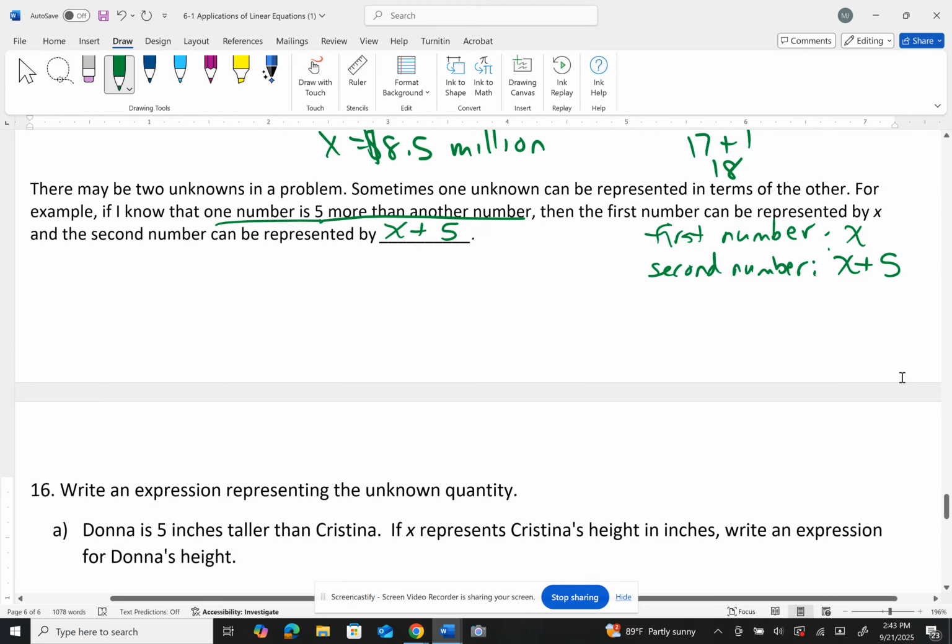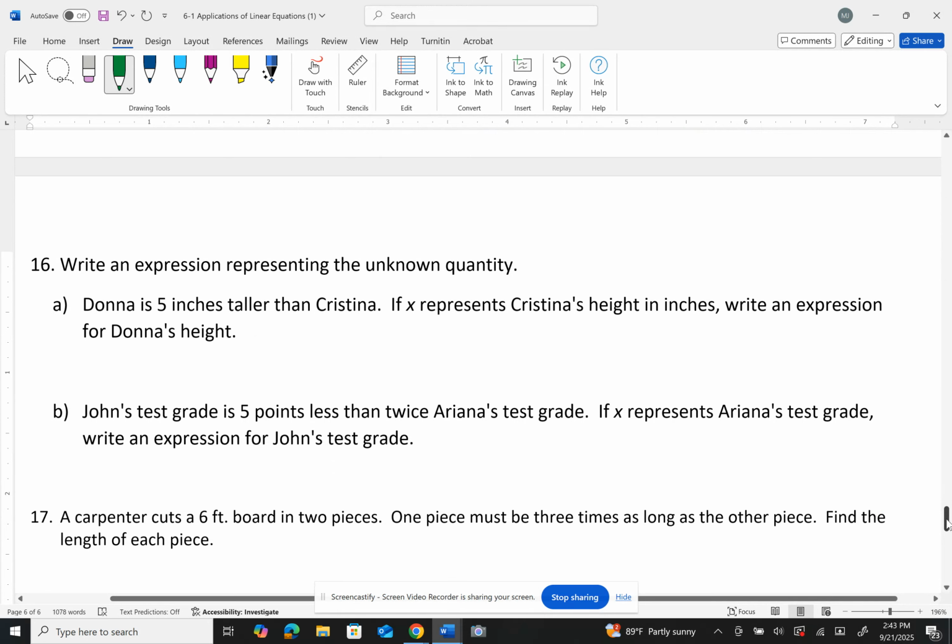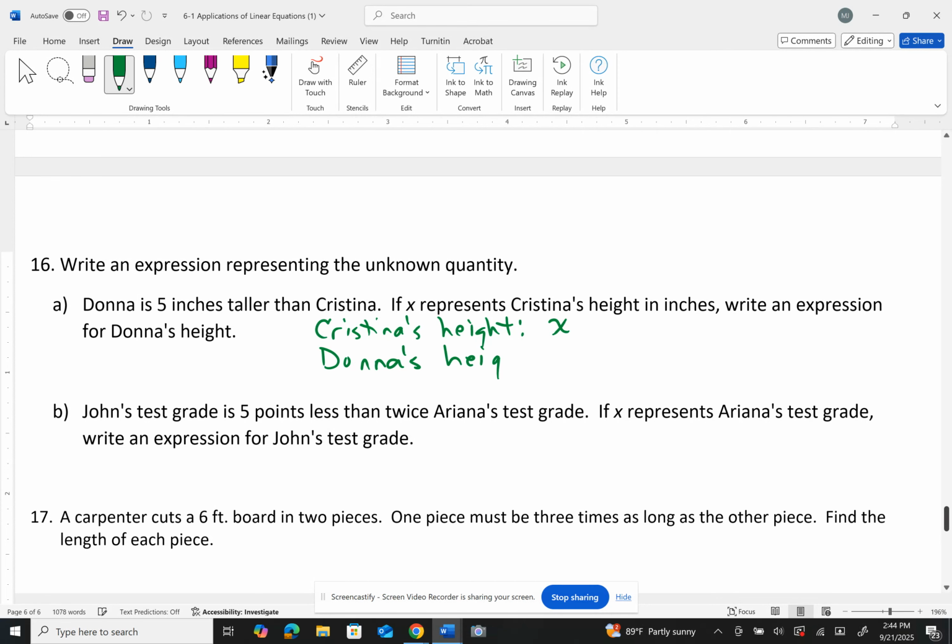So let's try another one where we're just trying to represent a quantity. So for instance, Donna, we know, is 5 inches taller than Christina. So if we're going to let Christina's height be given by X, and we want an expression for Donna's height, we don't have to use Y or some other variable because it's related to Christina's.